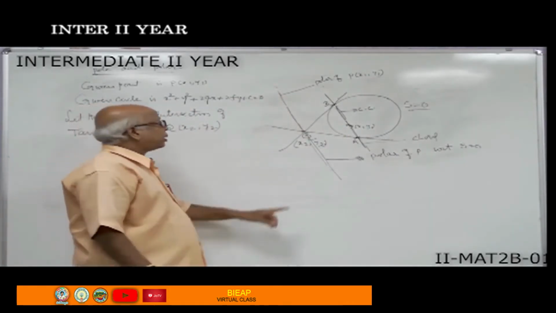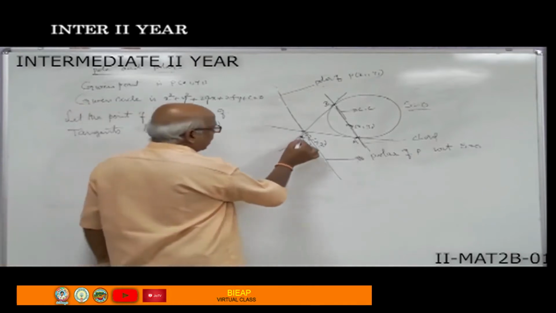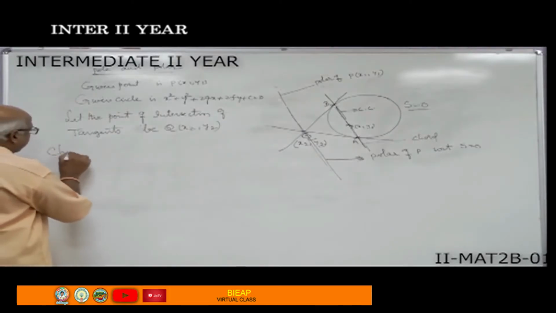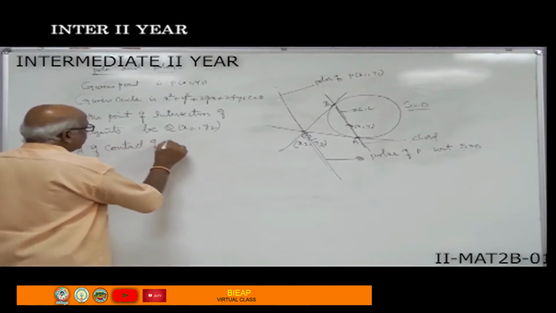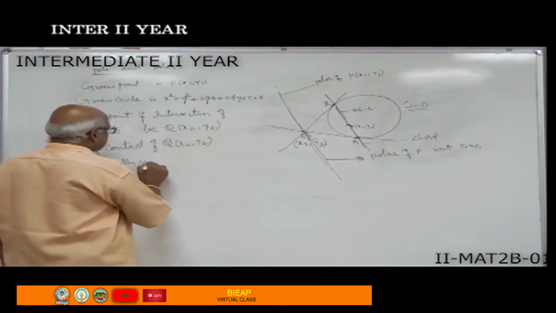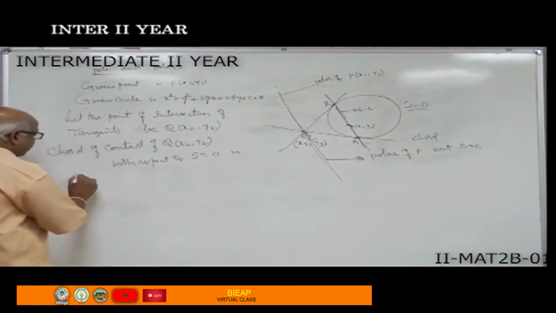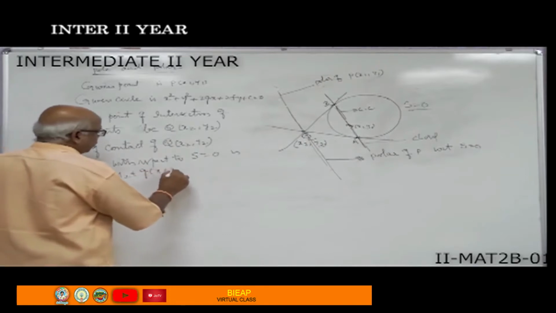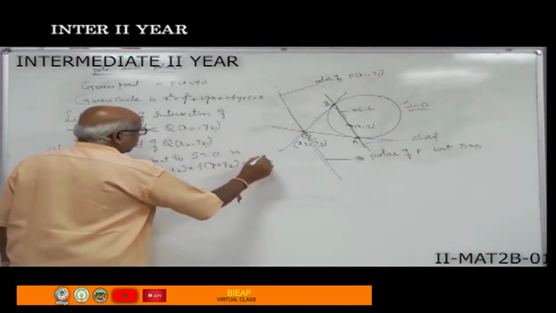Our requirement is to determine the polar equation of P. For that, let us start in reverse order. The Q coordinates we assumed, the chord of contact of Q x2 y2 with respect to S equal to 0 is x x2 plus y y2 plus g into x plus x2 plus f into y plus y2 plus c equal to 0.